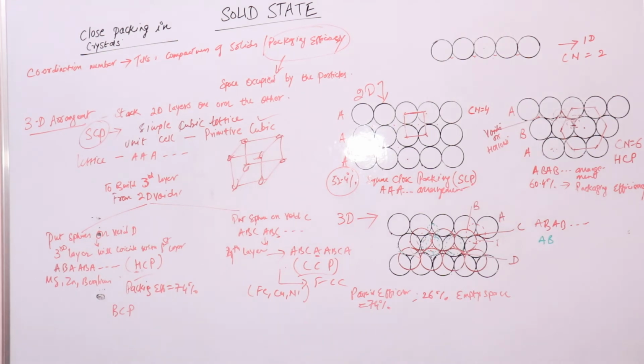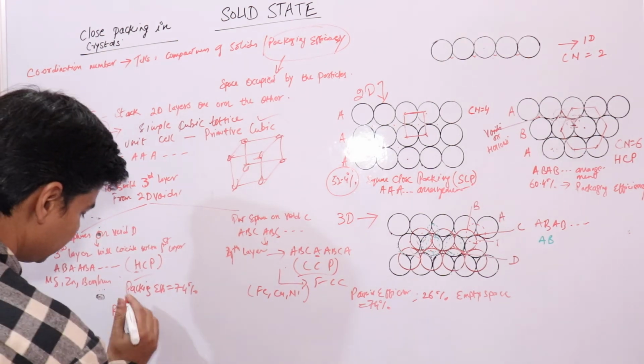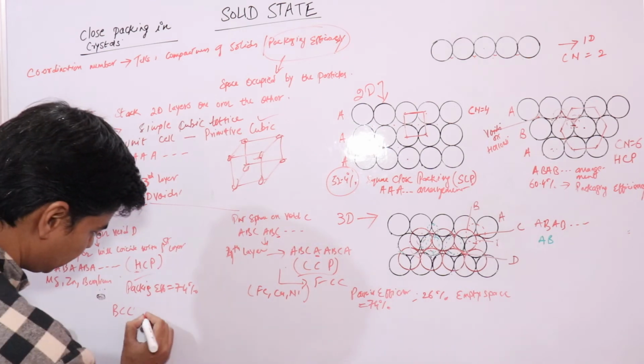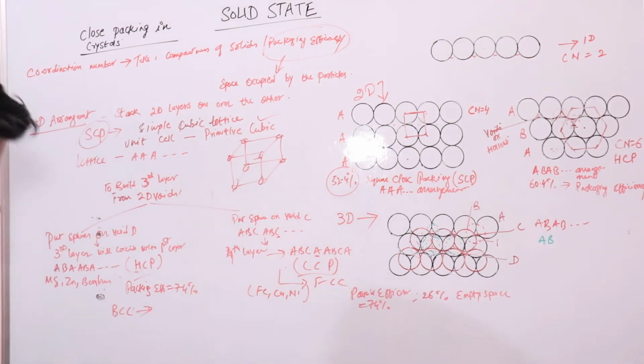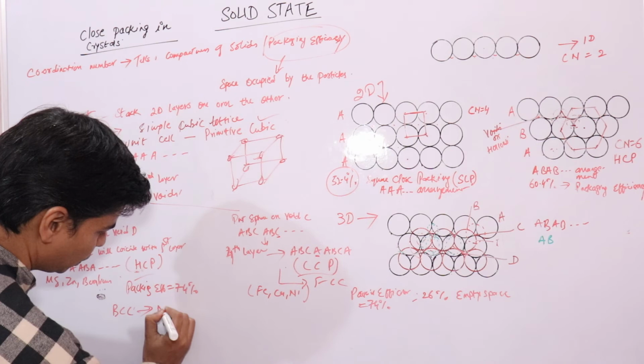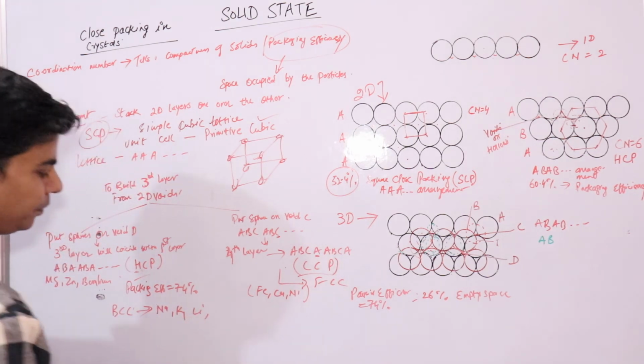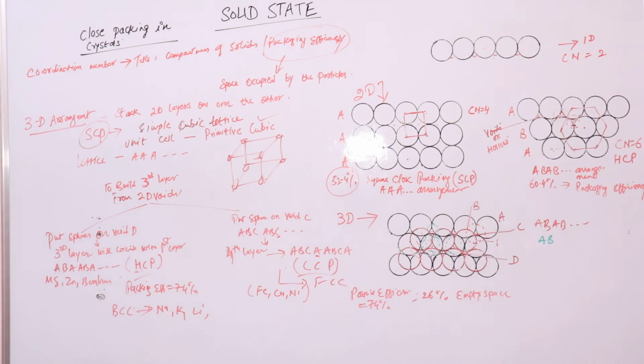Sorry, this is not BCP, this is BCC, body centered cubic. Examples of metals that crystallize with this arrangement are sodium, potassium, lithium, and rubidium also, I guess.